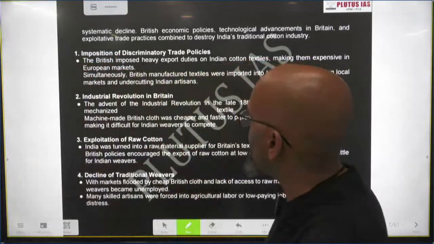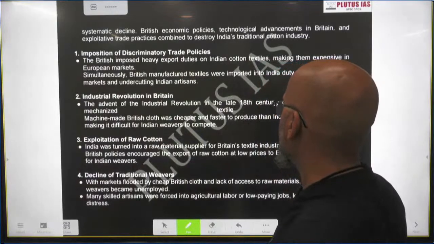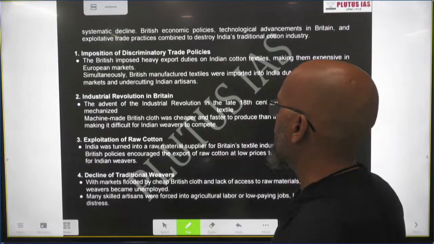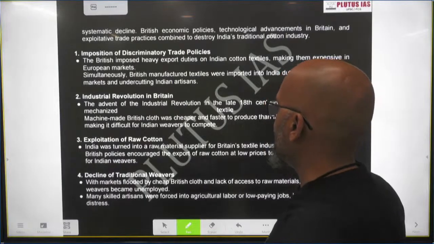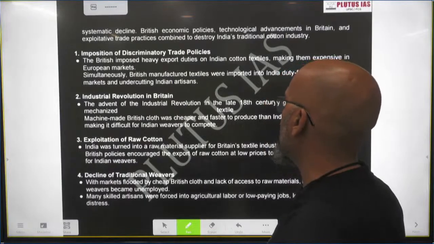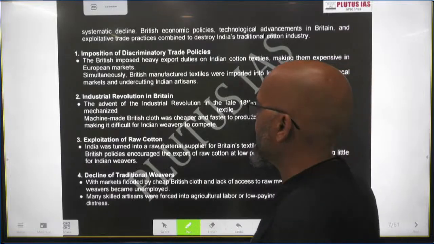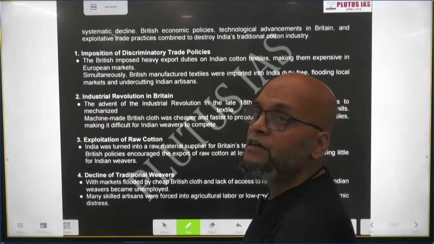Industrial revolution in Britain. The advent of the industrial revolution in the late 18th century gave Britain access to mechanized textile mills. Machine-made British cloth was cheaper and faster to produce than India's hand-woven textile, making it difficult for Indian weavers to compete.